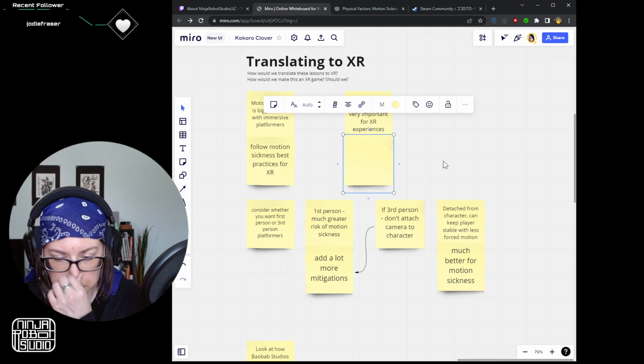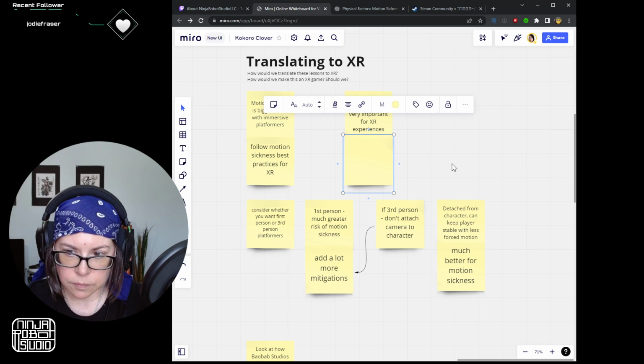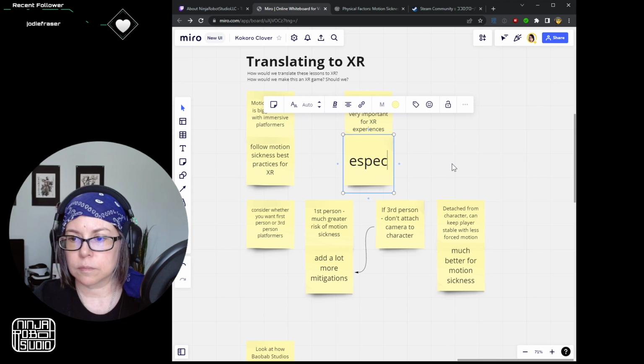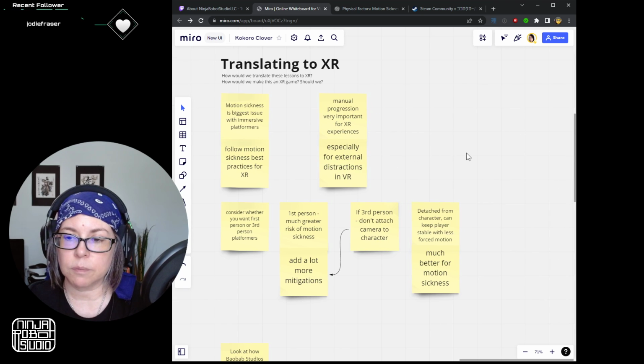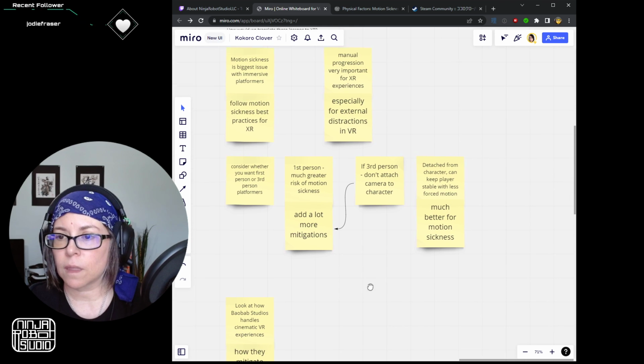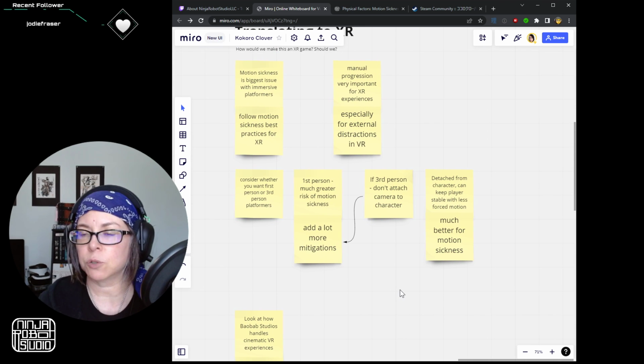But let's see. Especially for external distractions in VR, follow the best practices for that as well, for manual progression.